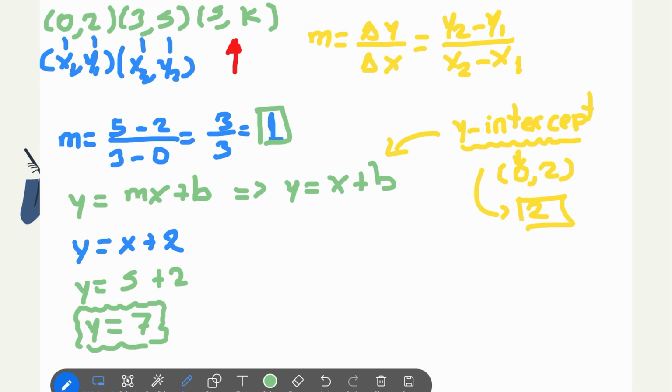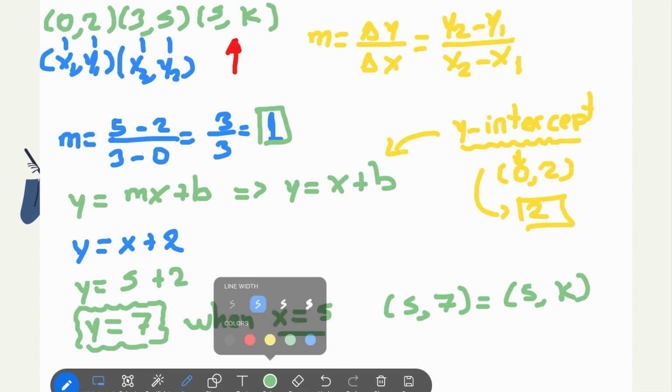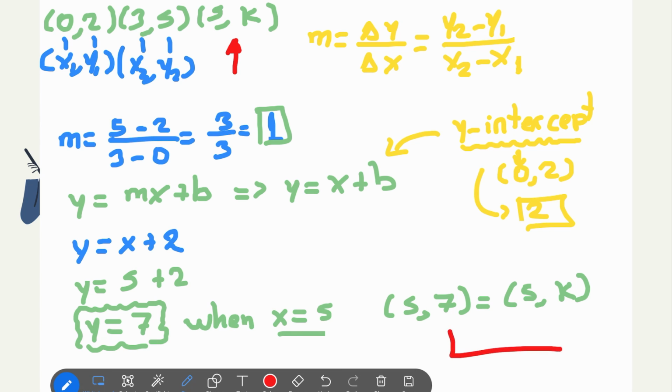So that is the value of y when x equals 5. But the point 5, 7 will be equal to 5, k. So our final answer comes to be k will be equal to 7.